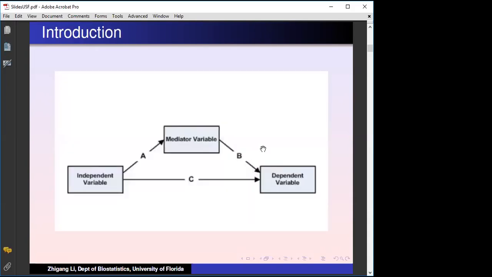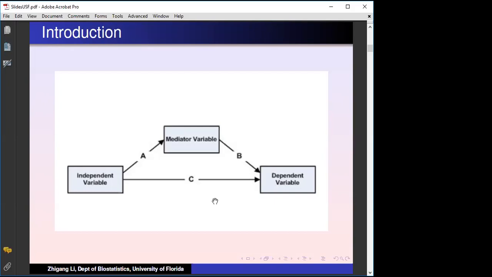So what is the mediation analysis method? Mediation analysis concerns the intermediate variable that sits in the causal pathway from an independent variable to a dependent variable. And that intermediate variable is called a mediator. Here, this is a typical triangle illustration of a mediation analysis.